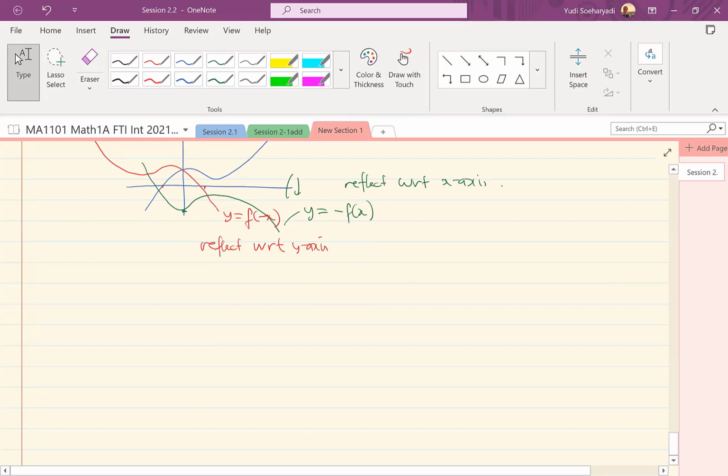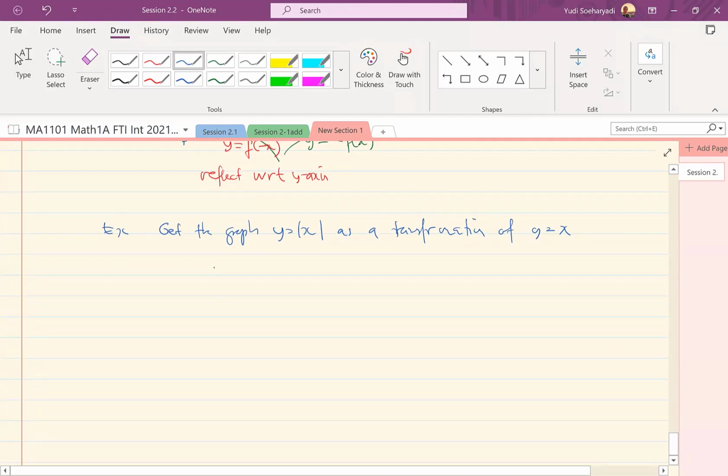For example, this is an example: how to get the graph y equals absolute value of x as a transformation of y equals x. Okay, so how to get that one?